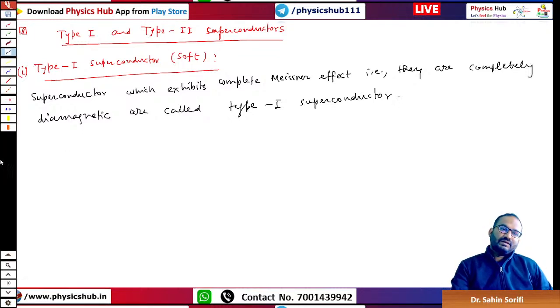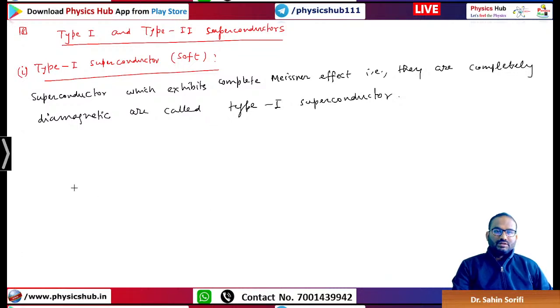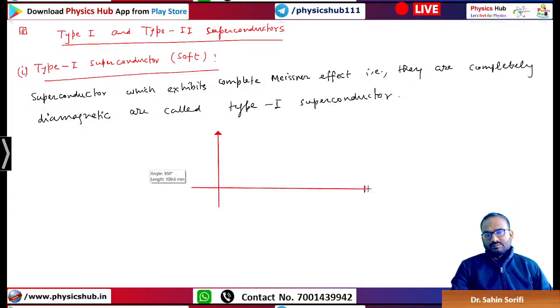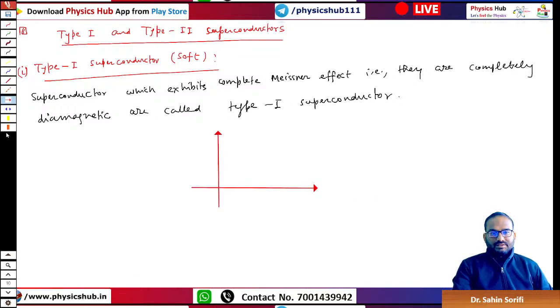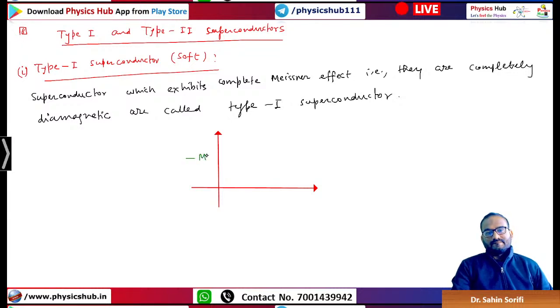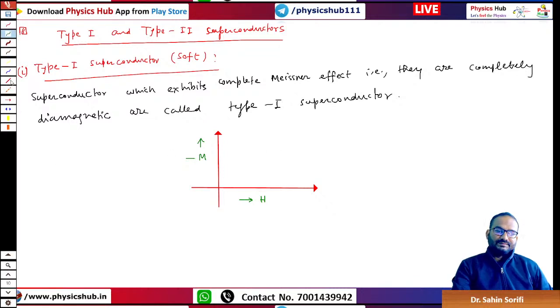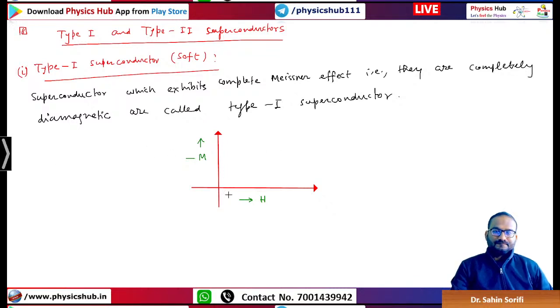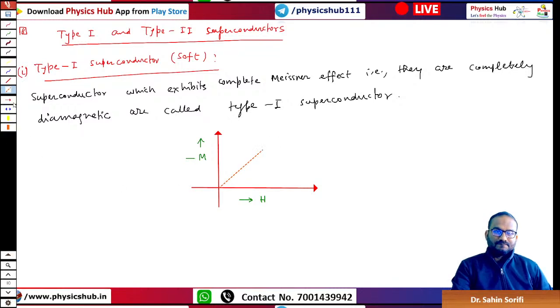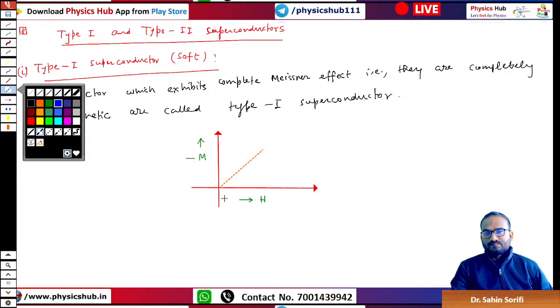So for type 1 superconductor, the transition is very sharp. As it crosses a particular magnetic field value, the superconductivity property disappears. So if I plot magnetization versus H, because the value comes negative, that is why we are plotting minus M versus H, so that we get a curve like this.